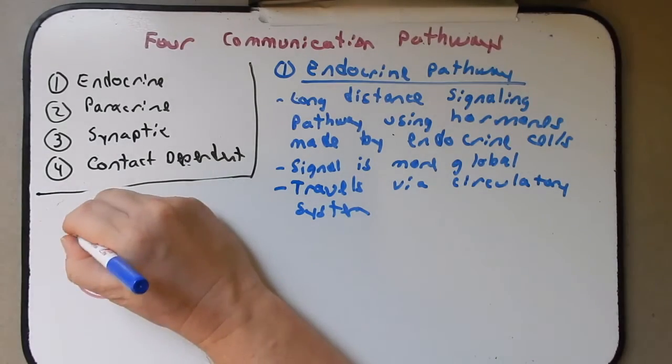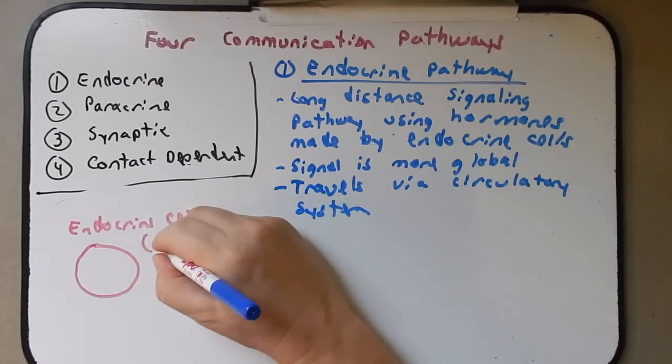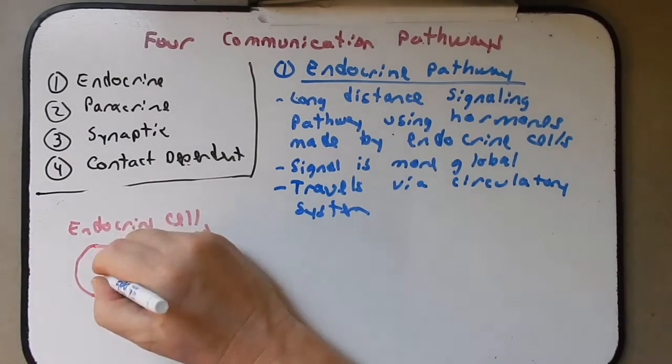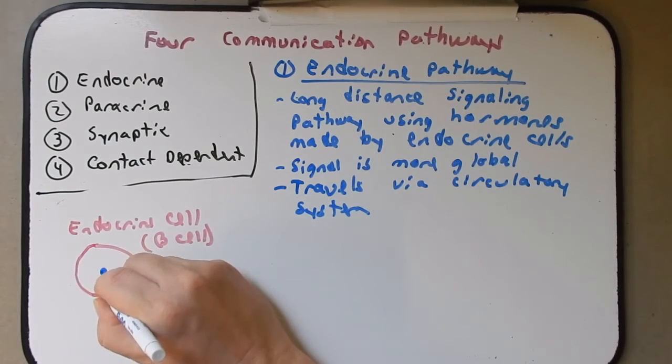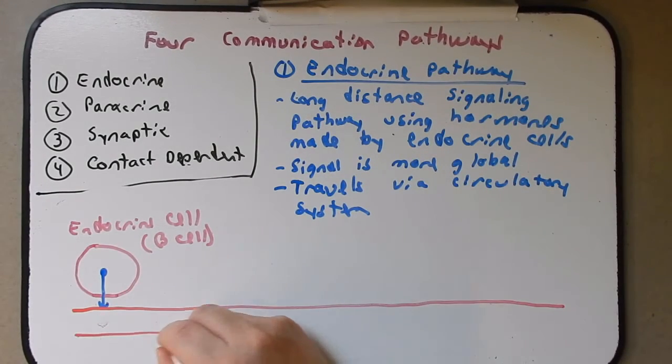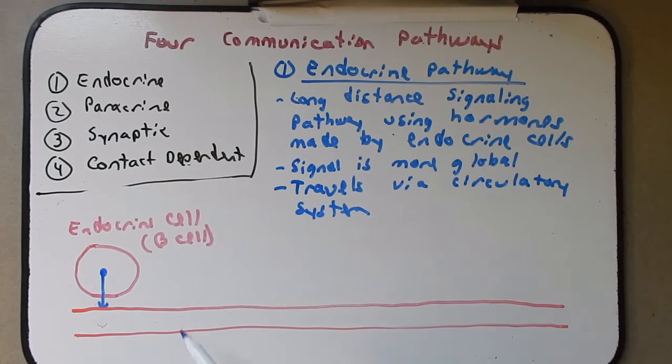Here's our endocrine cell. As an example, this could be a beta cell in the pancreas. It's going to make a signal, and that signal is going to enter directly into the circulatory system. And if it's a beta cell from the pancreas, it's quite likely it's going to be insulin.